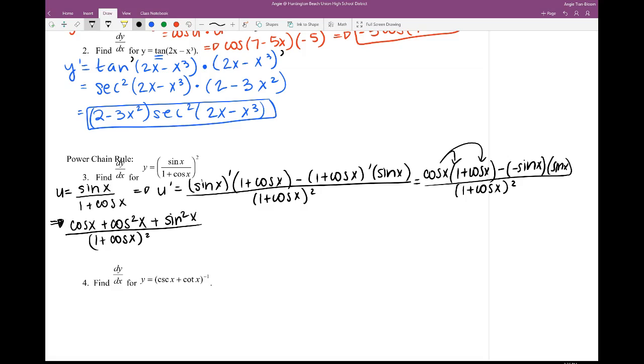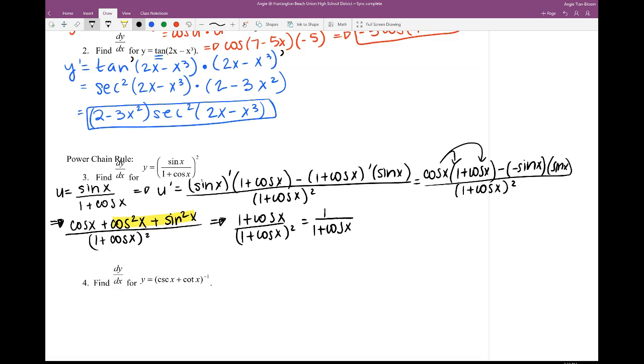Okay. From here, would you agree that this is going to give me 1? So if that's going to give me 1, then I now have 1 plus cosine of x all over 1 plus cosine quantity squared. Ooh, it cancels, doesn't it? So this is going to give me 1 over 1 plus cosine x.